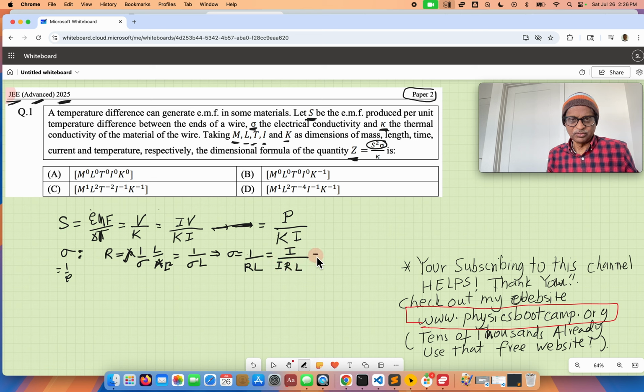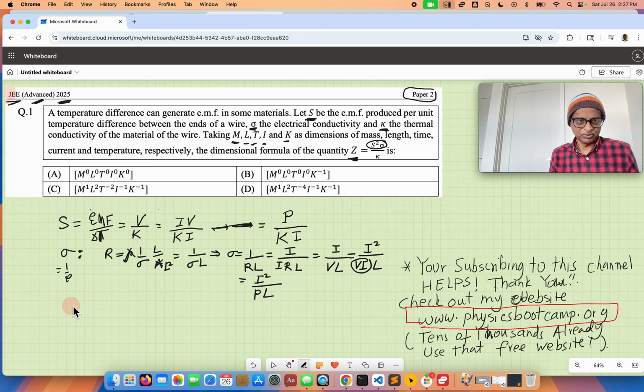So you have I over VL. Multiply again, I get I squared over VI. The idea is to see if we can cancel out some of this. So we do get I squared over PL. Okay, that's pretty good.